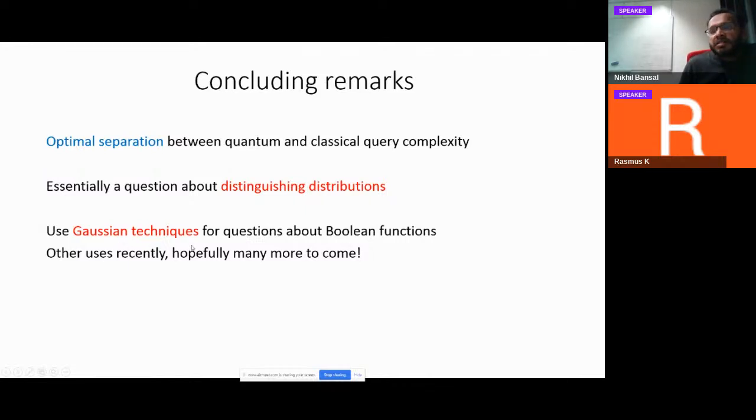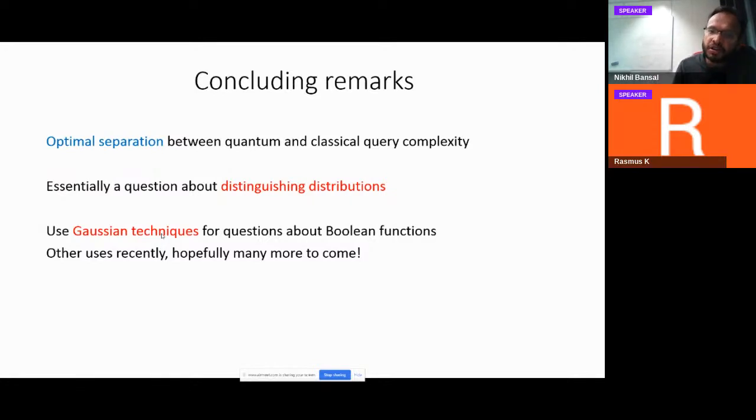Recently this idea has been quite popular, and there have been several other papers doing this, like Ronen Eldan and Ramon van Handel and so on, where you prove long-standing questions about Boolean functions using Gaussian techniques. I think this is a very useful direction, particularly if you work with Gaussians. It allows you to take these derivatives, which you can't really do in the Boolean case.